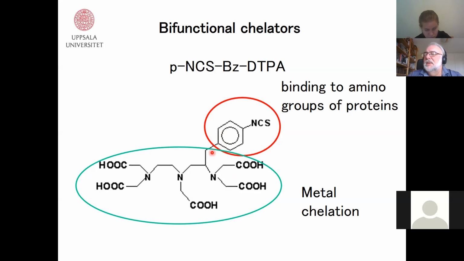Well, in this example, we could see benzyl isothiocyanate derivatives of DTPA, where the DTPA part is responsible for chelation, for example, of indium, in some cases lutetium, and it contains an isothiocyanate group, which is capable of forming thiourea bonds with an amino group, for example, the terminal amino group of protein or peptide, or the omega amino group of lysine.